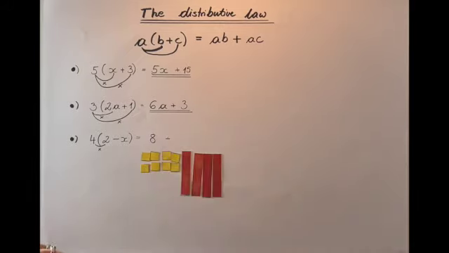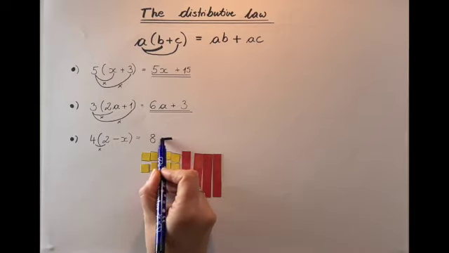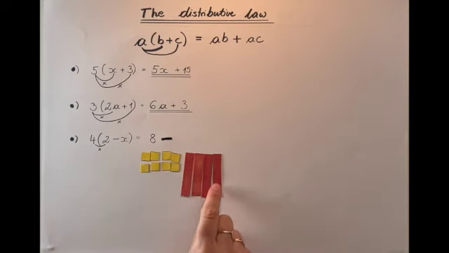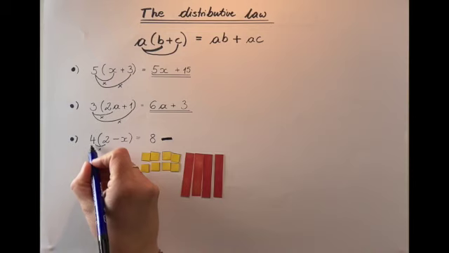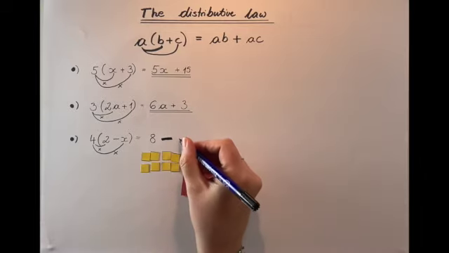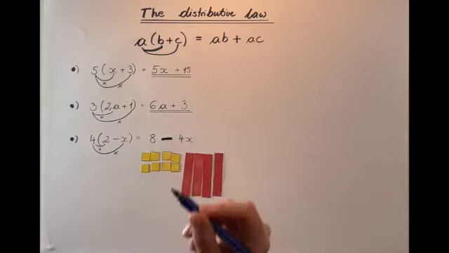And then what do we get here? 4 packs of negative x give us a negative, careful here, negative 1, 2, 3, 4x. So 4 times negative x gives us a negative 4x.